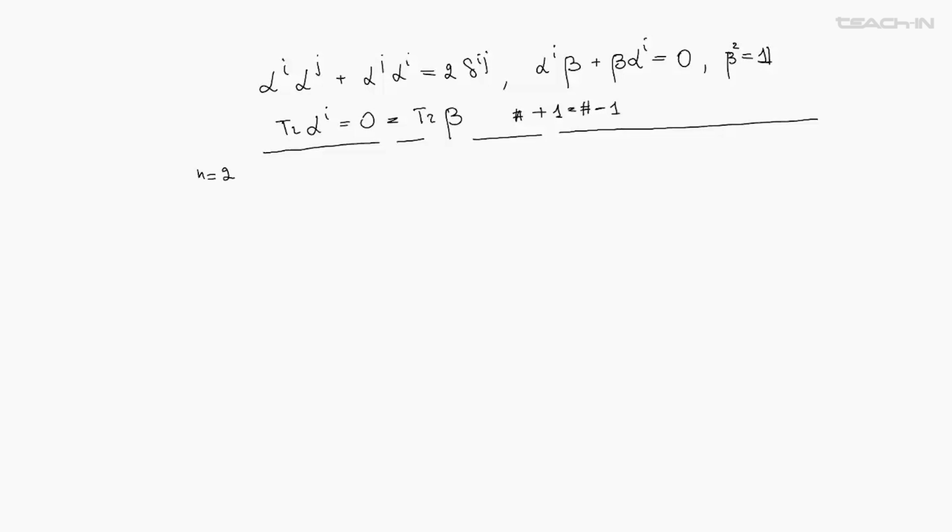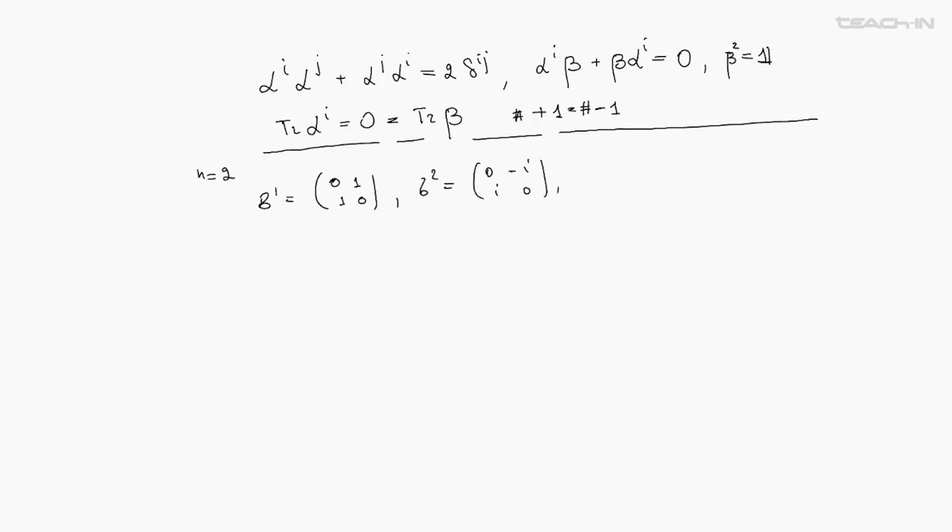And then we know that among 2 by 2 matrices, we have 3 distinguished matrices, which are Pauli matrices. So sigma 1, which is 0, 1, 1, 0. Sigma 2, which is 0, minus i, i, 0. And sigma 3, which is 1, 0, 0, minus 1.